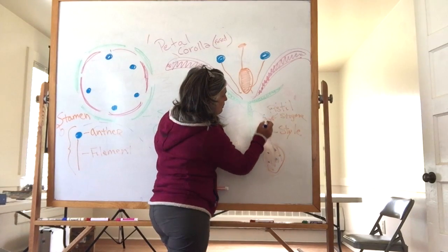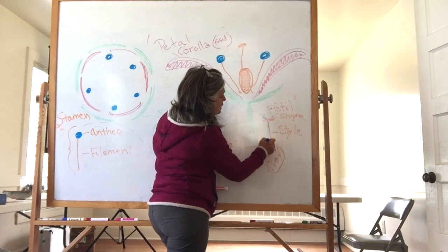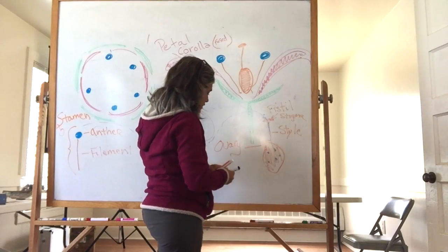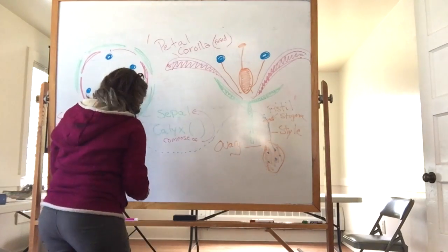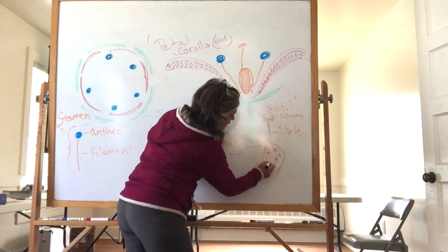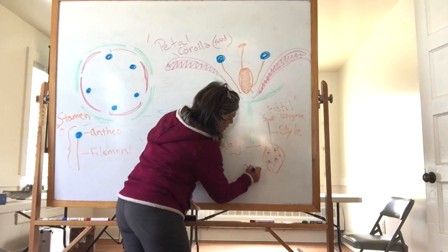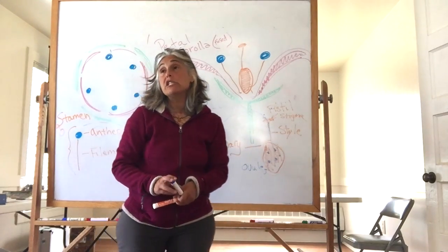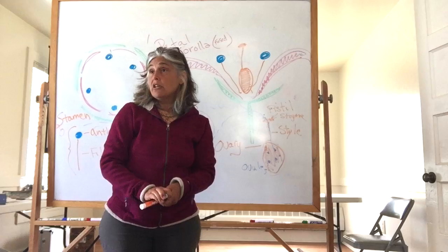And each pollen grain, so another one comes in, and each pollen grain kind of comes in and pollinates each of these ovules. These little things right here are ovules. It's sort of like ovaries having eggs, right?